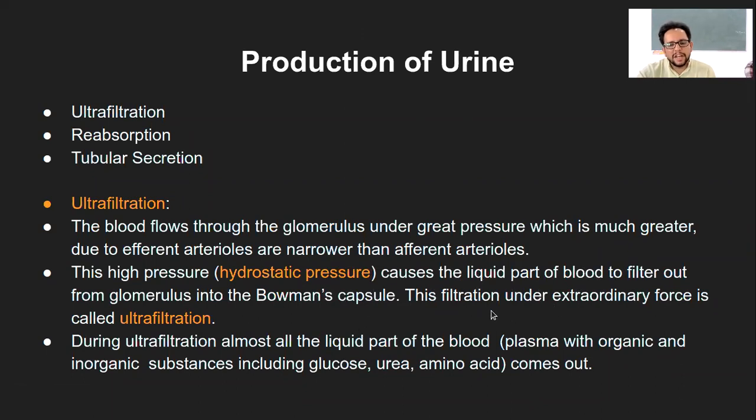And this specific type of glomerular filtration, under extraordinary force of hydrostatic pressure, is called ultrafiltration. Again, to remind you, the filtrate that is coming out is called glomerular filtrate, because it is coming out of the glomerulus, and it contains all the soluble components, organic, inorganic, including glucose, urea, amino acids, and so on. What it does not contain is only the blood cells and large molecules from the blood. Rest everything it can contain.